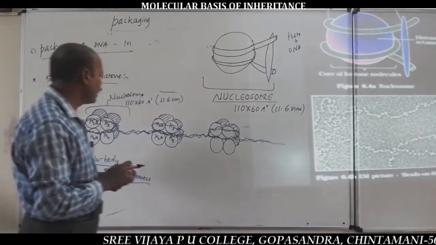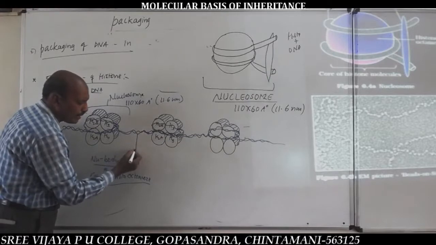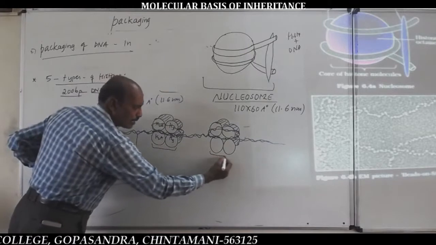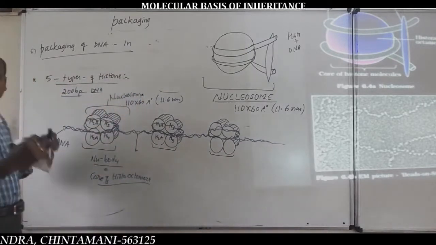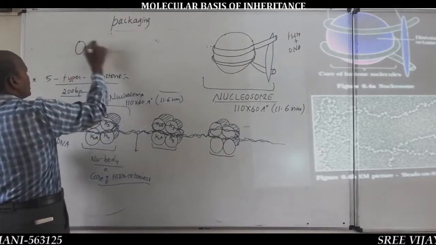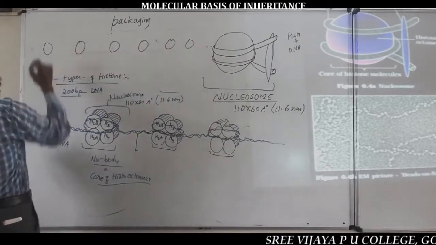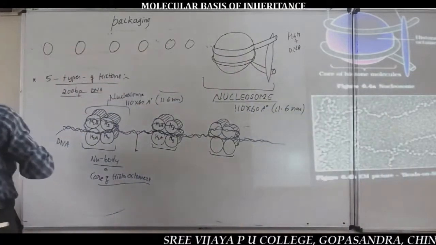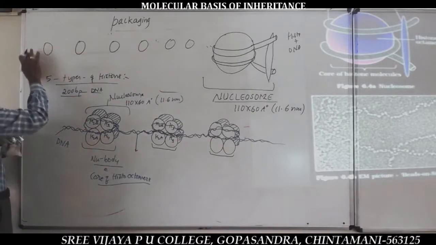And the DNA which is present between adjacent nucleosomes. See, these are all the number of nucleosomes arranged in the form of ball-like structures. These are the alternative arrangement of balls called nucleosomes.